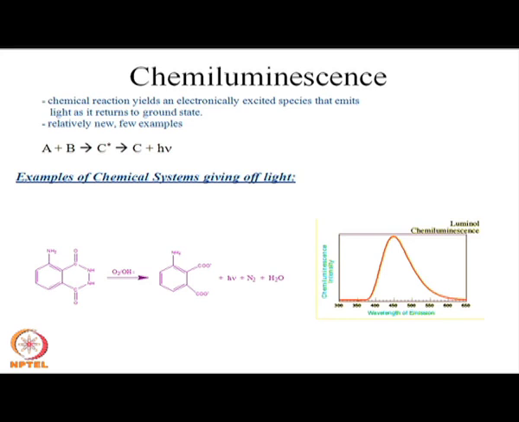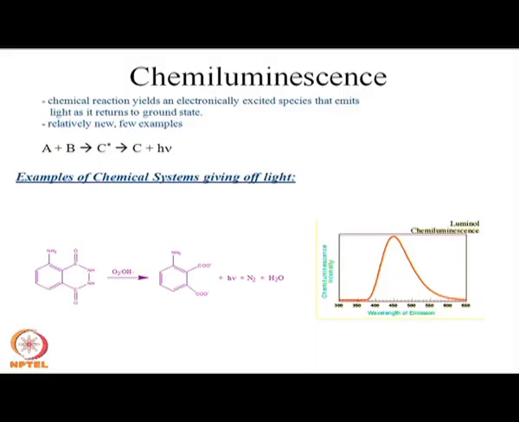So that means while there is some chemical reaction going on, there are reactions in which you can generate an excited molecule, and then while that excited molecule is coming back to the ground state, it emits radiation.